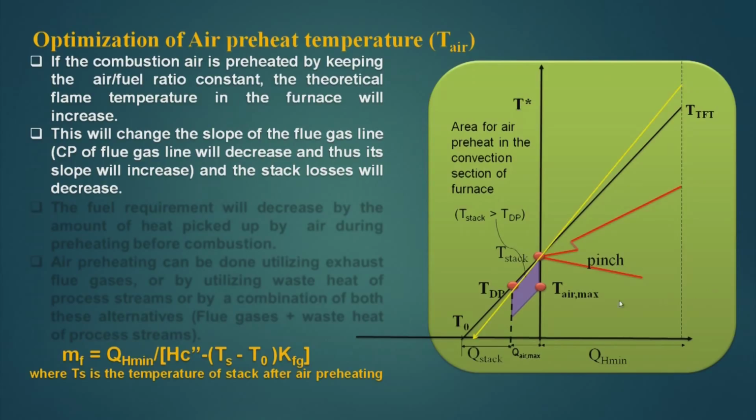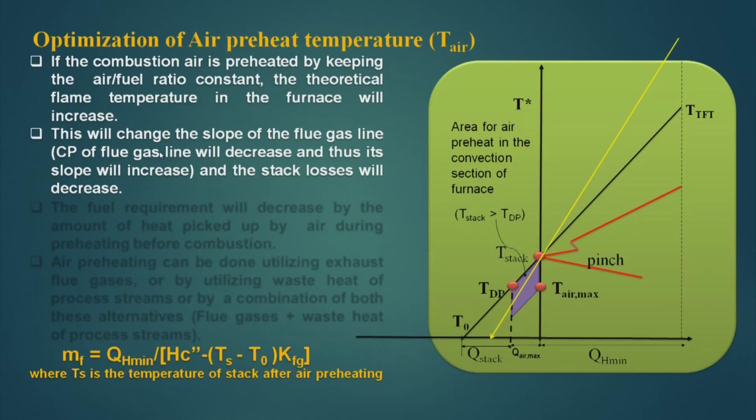Then the second comes here, a bit more TFT increase, so stack loss has decreased, and in this third part, when I am increasing the TFT far more, the stack loss has decreased, and the angle is also changing, it is decreasing.